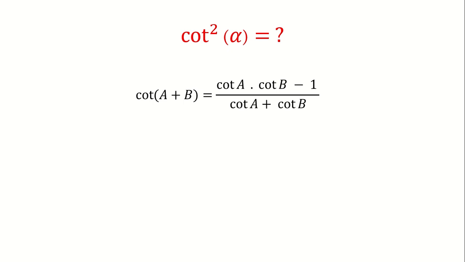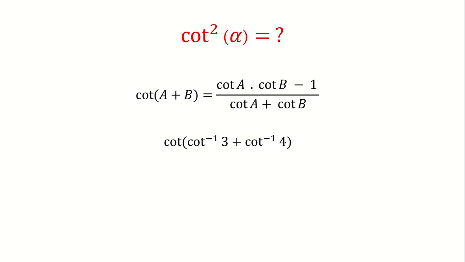By replacing A and B with inverse cotangent of 3 and inverse cotangent of 4, we can obtain the result.